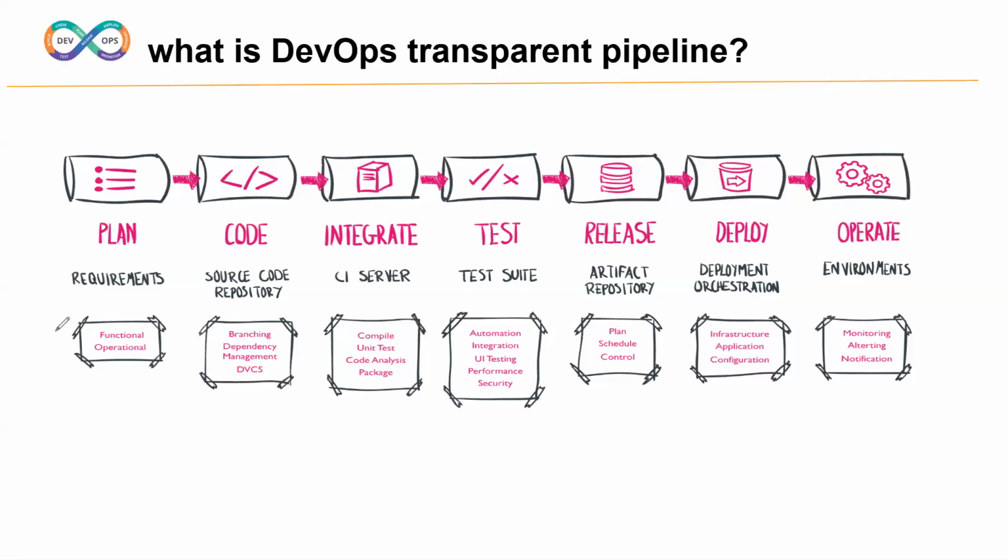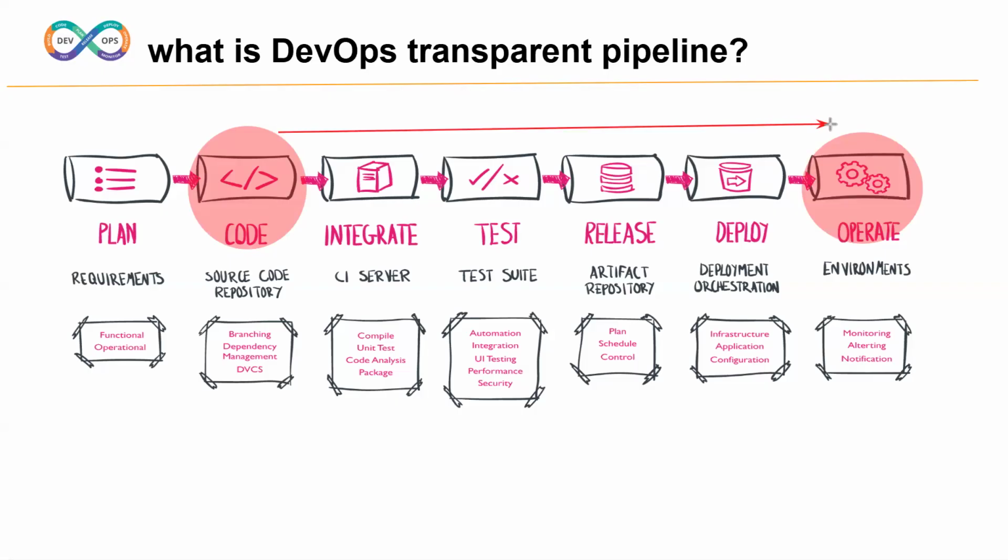The entire process that we have discussed, what do you call it? DevOps transparent pipeline. From dev environment to operation, we are going to implement an automated DevOps transparent pipeline, in a transparent way, in an automated way.